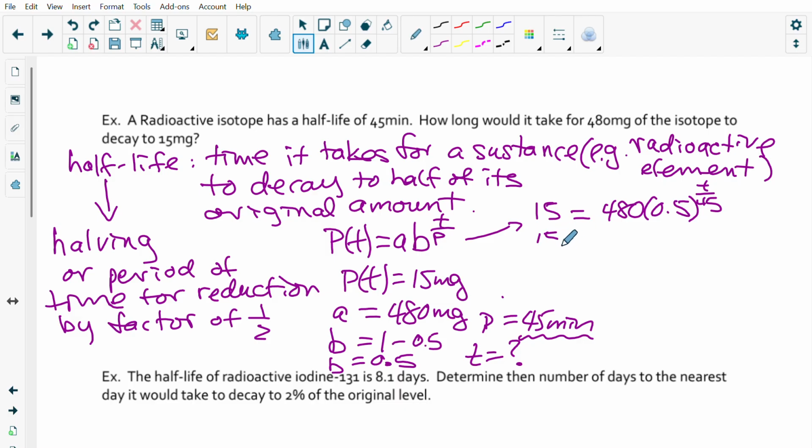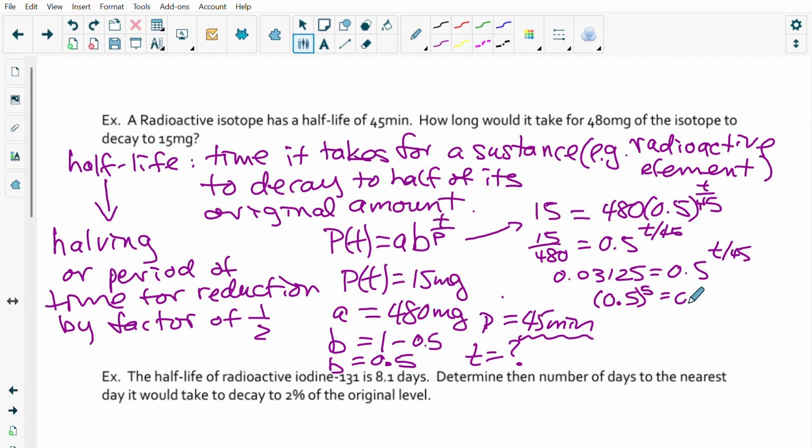Okay, so what do we got here? 15 divided by 480 equals 0.5 to the T divided by 45. If you look at it carefully, I get that 0.5 to the T divided by 45 equals 0.03125. We can solve this with a shortcut. That's 0.5 to the 5th.